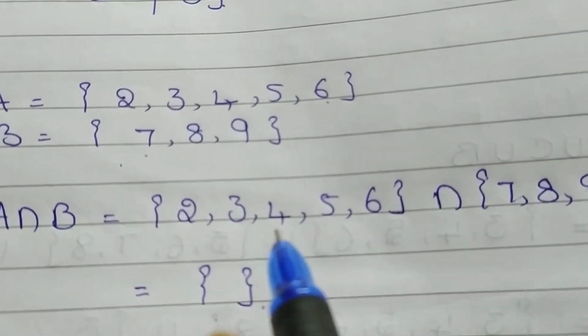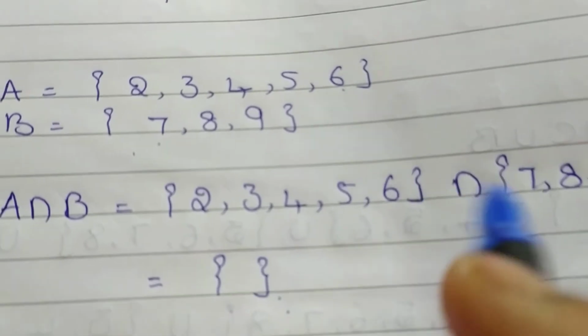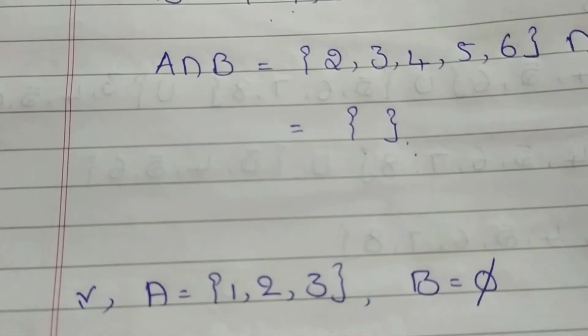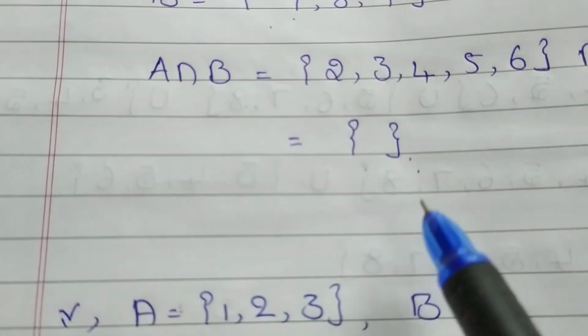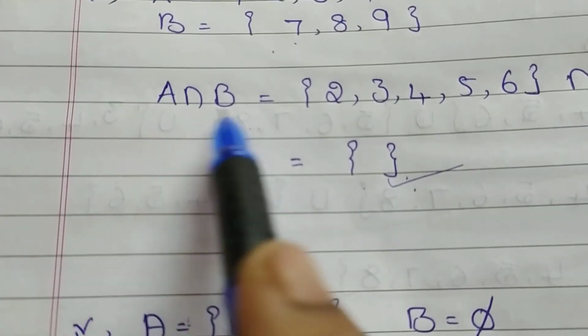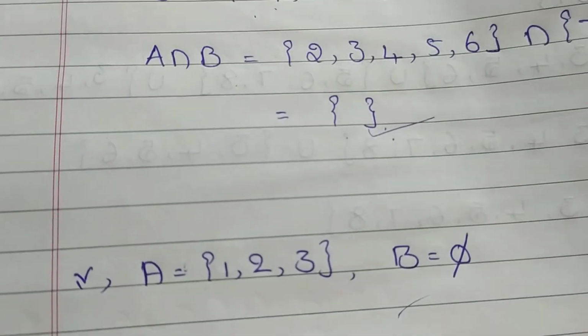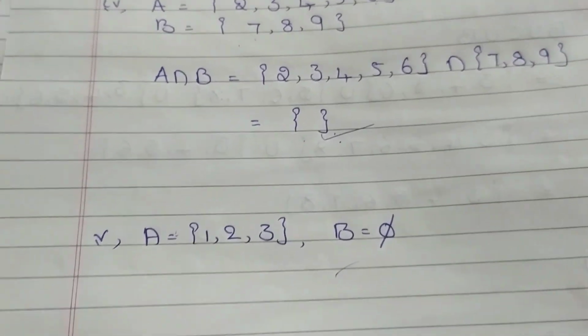If there is no element in common for both the sets, such sets are called disjoint sets. So if the intersection of any two sets is a null set, those sets are called disjoint sets. So here A and B are disjoint.